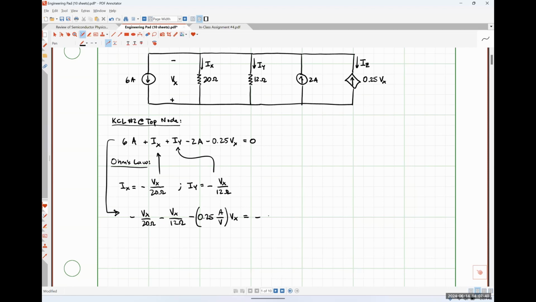So that's going to look like negative 4 amps. And now I have a single equation with a single unknown quantity, Vx. So I can use the numerical solver in my calculator or some other method if you guys choose to do that in order to solve for Vx. So give me just a moment to throw this in my calculator.